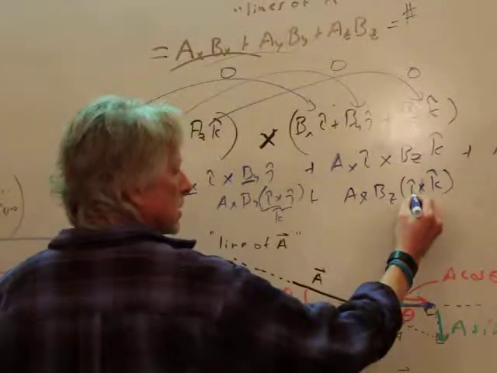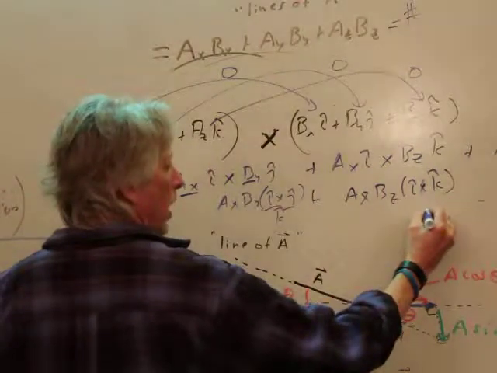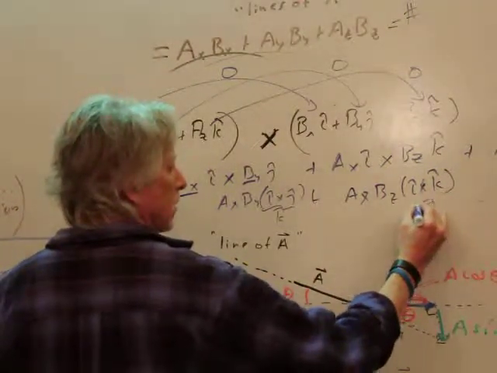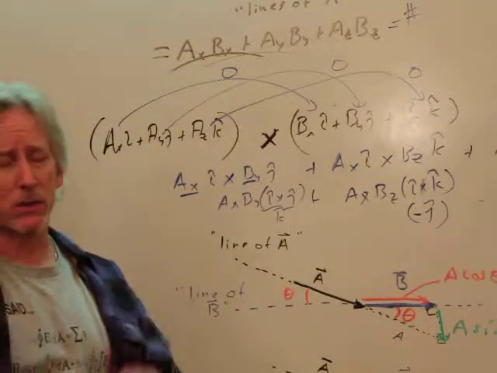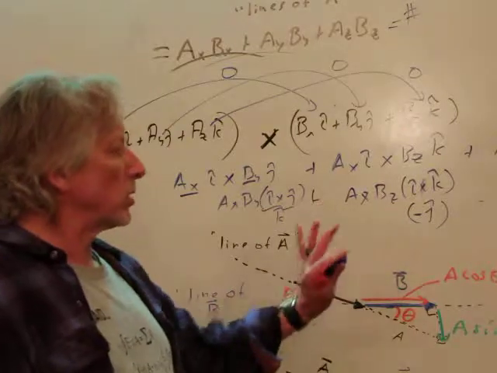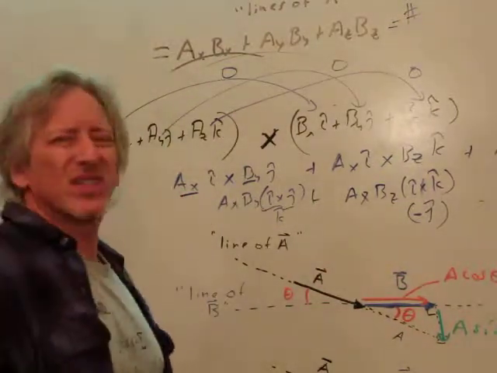Hopefully you get this. X, Z doesn't come after X, so we need a Y, J hat, but it's a negative. And you can do that with every term, and it's not even useful to watch me do it. You should do it. And you just get that familiarity.